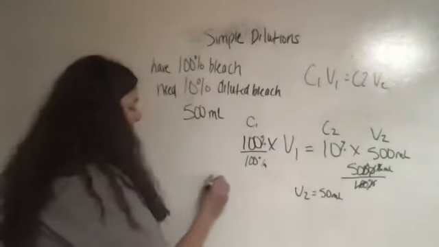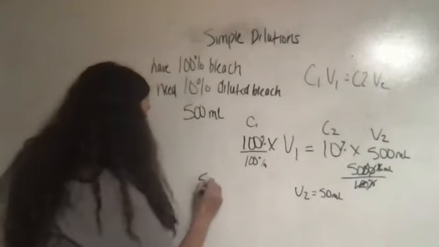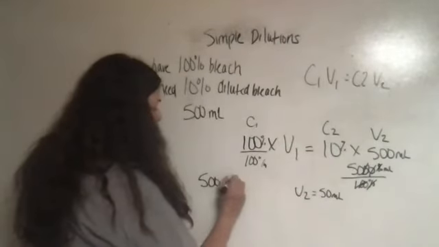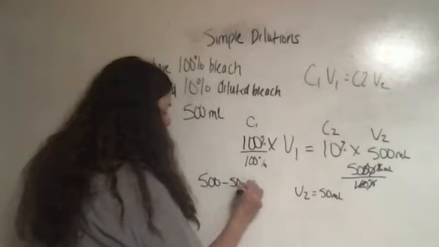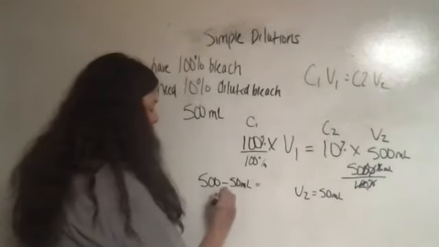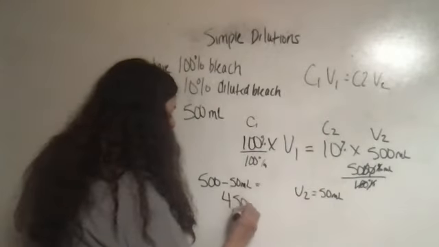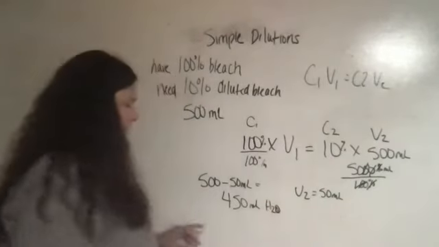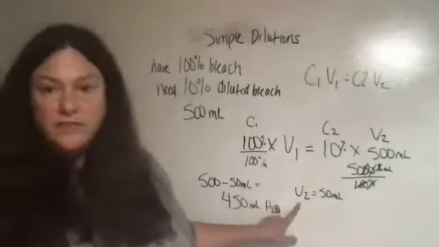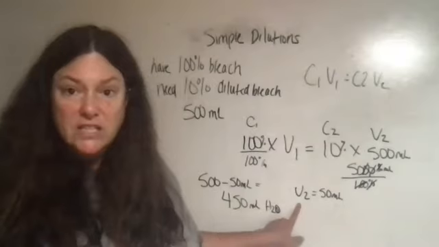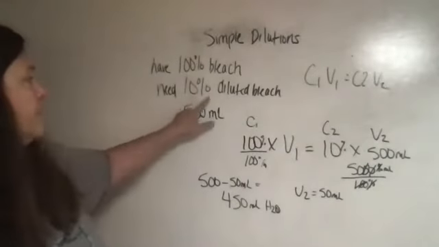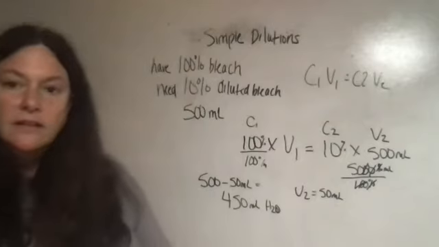So we need 450 milliliters of water to go with our 50 milliliters of undiluted bleach in order to make 500 milliliters of 10% diluted bleach.